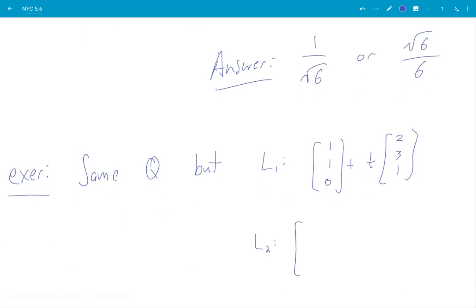Line 2 is 3, 1, 3 plus s times 0, 2, negative 1. So skew lines, I want you to find the shortest distance between them, following what we just did. So pause and try that.